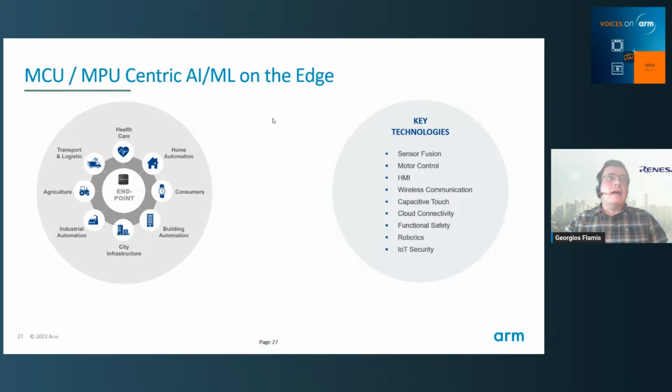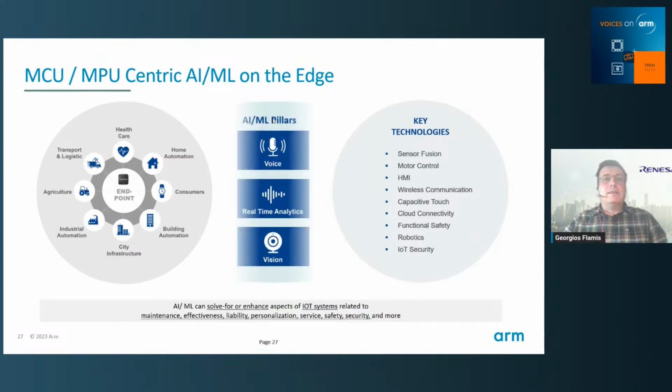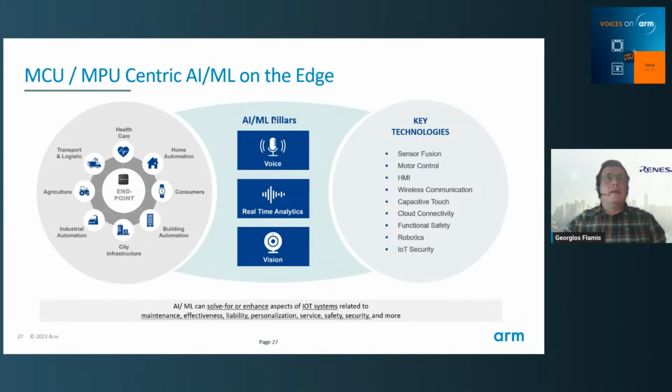AI/ML can be classified broadly into three pillars, as you can see here: voice, real-time analytics, and vision. Overall they can solve or enhance aspects of IoT systems related to maintenance, effectiveness, reliability, personalization, safety, security, and more.